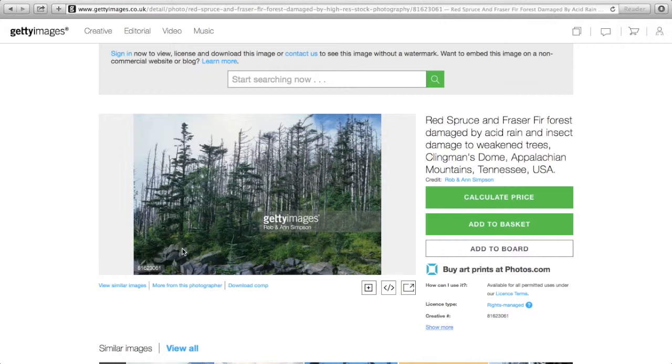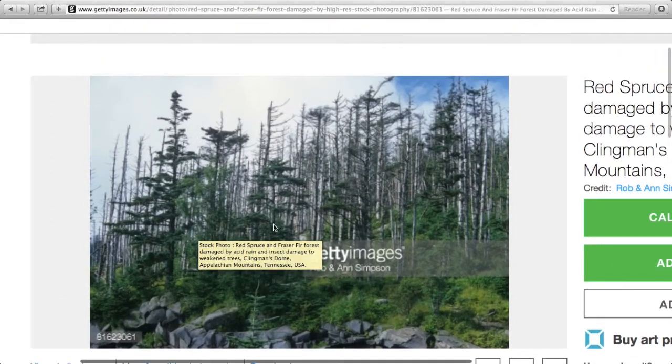Here is an example of Clingman's Dome in Tennessee, a part of the Appalachian Mountains. Now, Rob and Ann Simpson took this photo, and it's a really good photo.